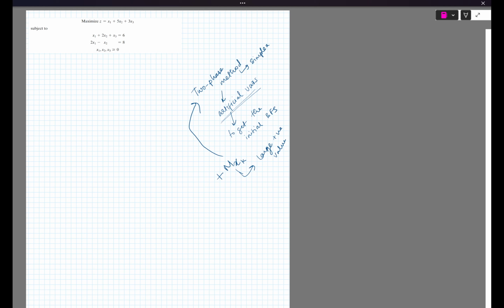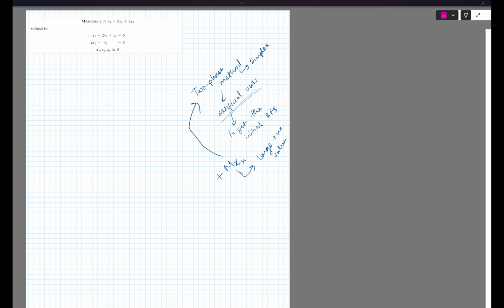We also looked at what was discussed in week 3: some cases of LPP where you have unbounded solutions, infeasible solutions, infinite solutions, and how to deal with degeneracy, the Charnes perturbation method, and a brief introduction to post optimal sensitivity analysis.